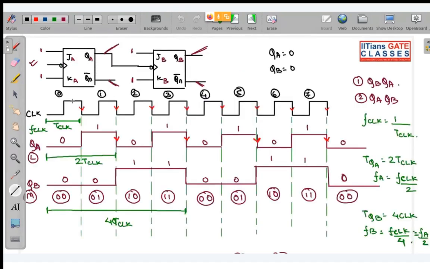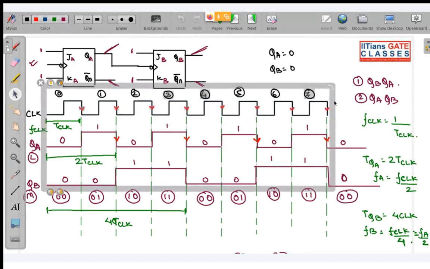Already I have drawn over here. So let me try to take the clock from here.